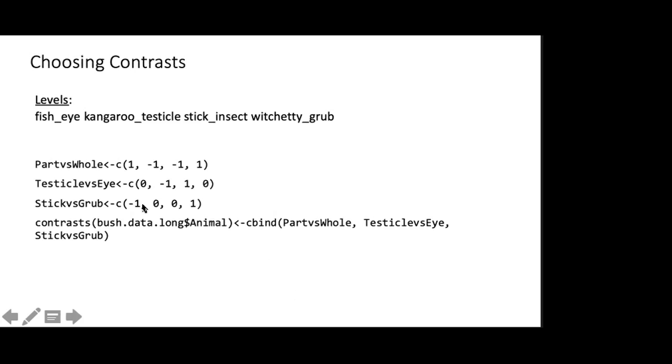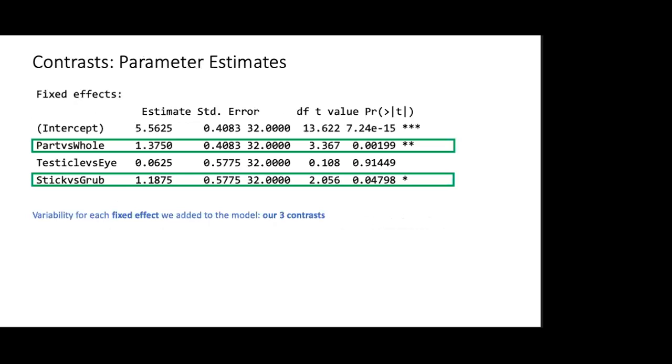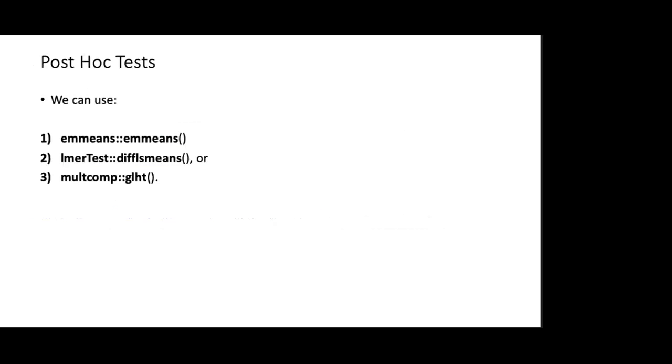Okay, so I won't go over choosing contrasts because it's exactly the same as for our regular between-subjects ANOVA. I just wanted to mention for post hoc tests, if you use a linear mixed effects model approach, you can use either the emmeans function from the emmeans package, you can use difflsmeans, or you can use glht from the multcomp package that we already talked about yesterday.